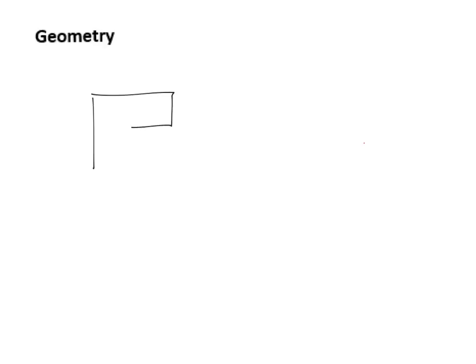If you were given a shape that was something like this, and you saw that you had lines like this, and it told you this side was 4 meters, well then you would know that this other line over here has also a measurement of 4 meters. If you saw that it had two lines like this, there and there, and it told you that this was 10 meters, then you would know this other one was also 10 meters.